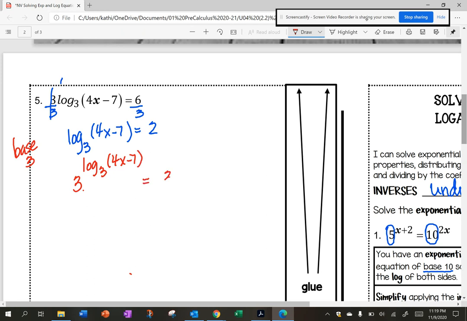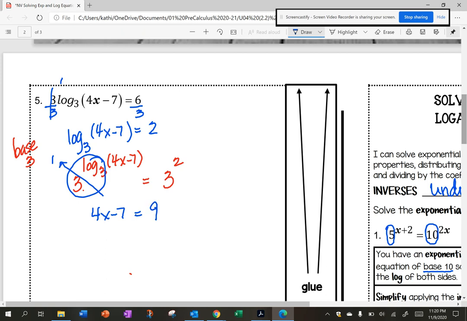Whatever I do on the left, I need to do on the right, so I'm going to exponentiate the right. So on the left-hand side, I have some inverse functions undoing each other. So 3 raised to the log base 3 undo each other, that is 1. So I have 4x minus 7 equals 3 squared, which is 9.